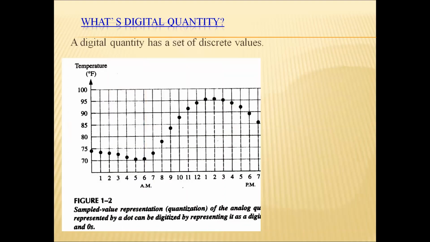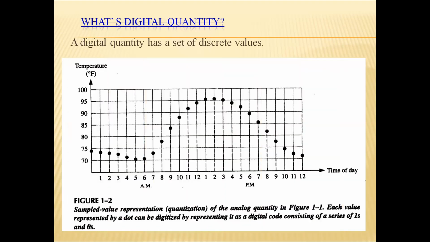For the same graph, in the continuous domain we require infinite data, but in the digital domain we require only a few sets of data. At a certain instance of time we take the data, and at the receiving end we can easily get the same spectrum using a filter circuit. That's the whole idea of converting from analog to digital and digital to analog.